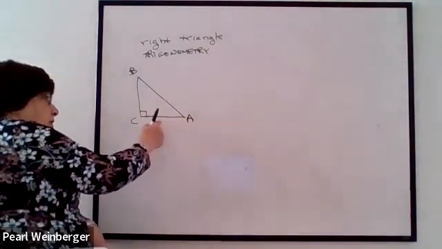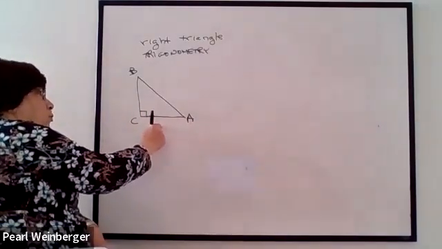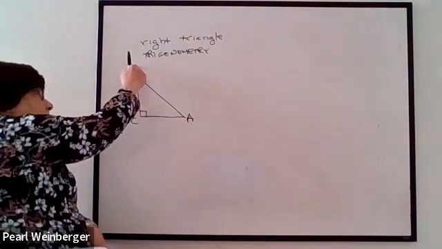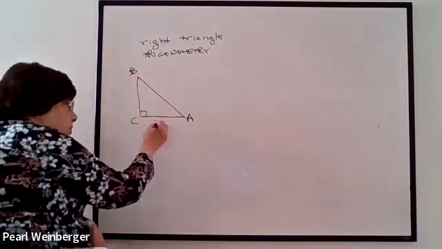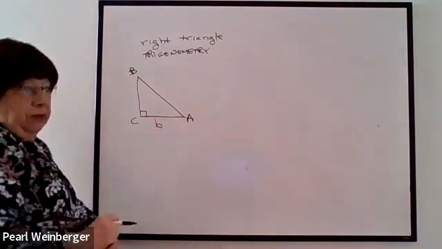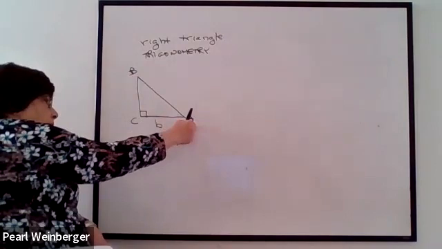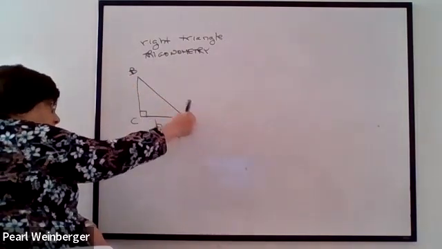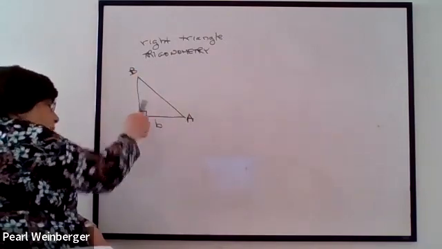If I look at this side here, on the bottom, directly across from it is the angle B. It's across from angle B, so we call this side small b. This side is across from angle A, directly across. You see, it's not attached to angle A, it's right across from it.